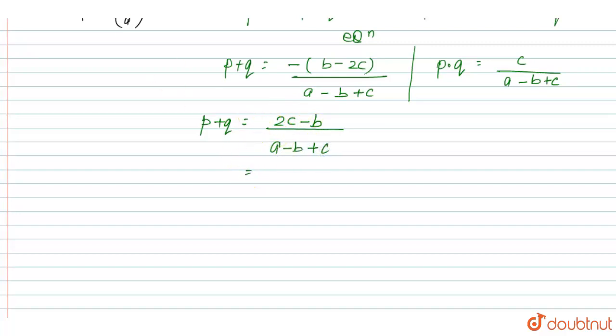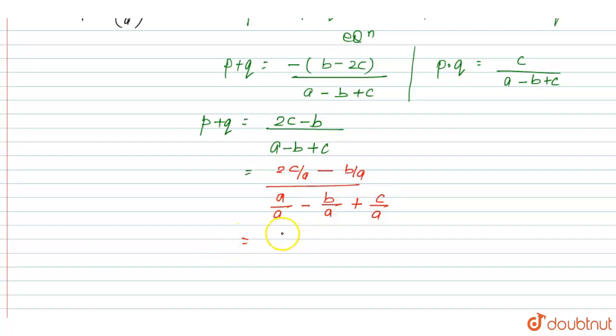Dividing by a, this can be written as 2 into c by a minus b by a, upon a by a minus b by a plus c by a.